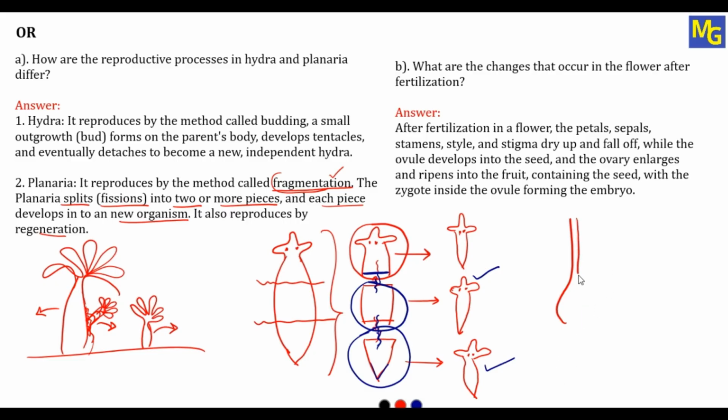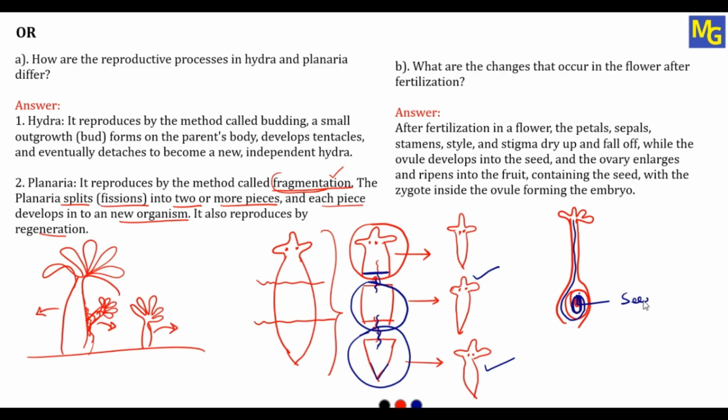Like this, it will be an ovary. Here there will be a stigma on which the pollen grain will fall. This is the ovary, and there will be many layers like this, and somewhere inside there will be an ovule. So the pollen grain will fall on this and form a pollen tube, and through this pollen tube the male gamete will enter inside the ovule. So this ovule which is present inside will become a seed.